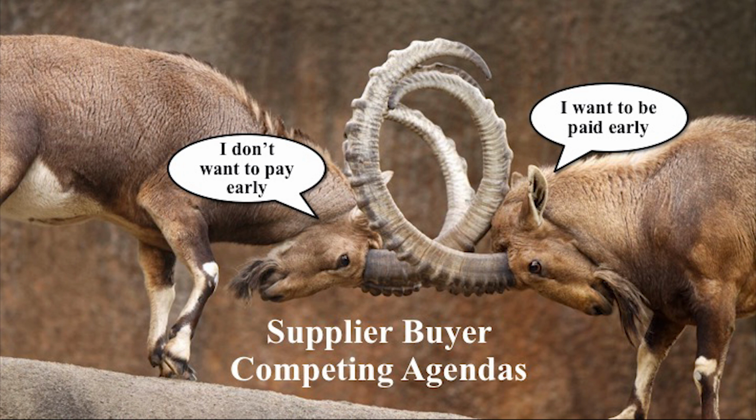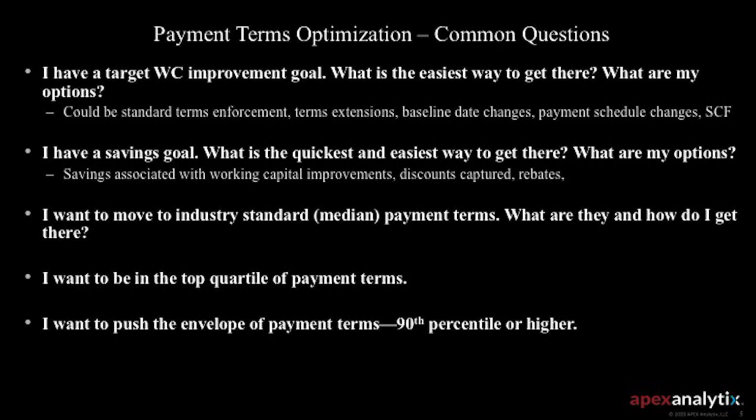And then you're going to cover some of the common questions related. Yeah, so when companies come to Apex to help with payment terms projects, they usually come with one of several questions. They either have a goal of hitting a certain working capital improvement level or a savings goal, or they want to move to an industry standard. They feel like maybe they're behind their competitors.